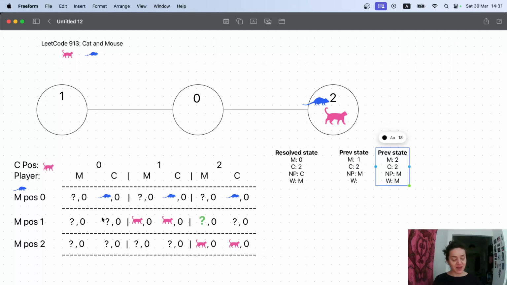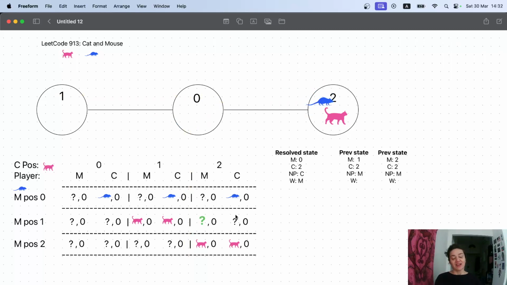And if we look at our matrix, then for this state, let's delete this because it's wrong. Then for this state, mouse at 2, cat at 2, mouse turn to move, there is already a winner. The cat has already won, as we can see with our eyes. The mouse can't move, even though it's 1 step to winning and it's his turn, he's caught.